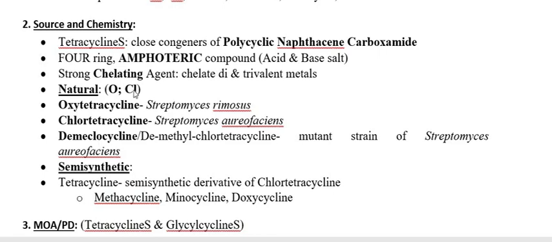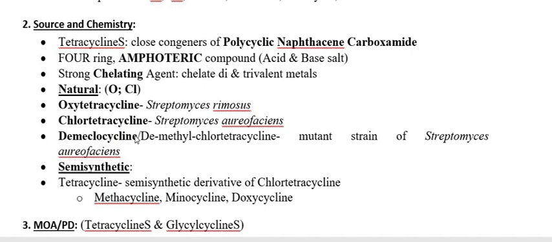Oxytetracycline has been isolated from the species Streptomyces rimosus, whereas chlortetracycline has been isolated from Streptomyces aureofaciens.